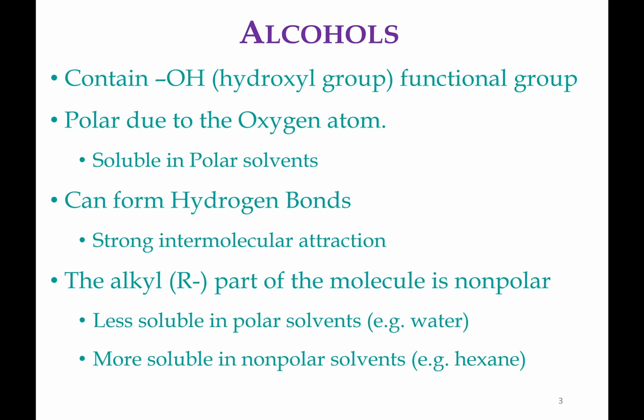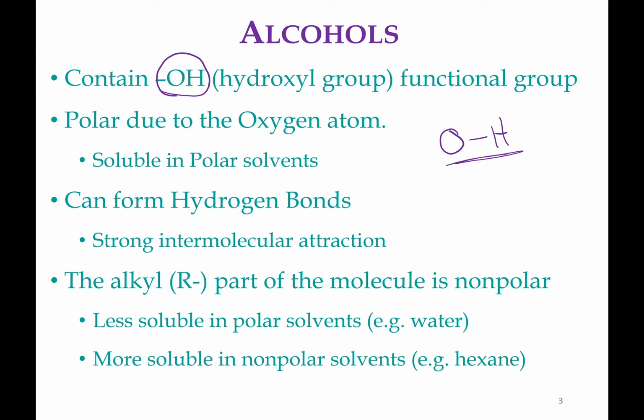So alcohols contain a hydroxyl group, this OH group. That's this functional group. It's polar because it has an oxygen atom which also has a hydrogen bond on it. So it's going to be soluble in polar solvents, and it can form hydrogen bonds with itself and other alcohols.